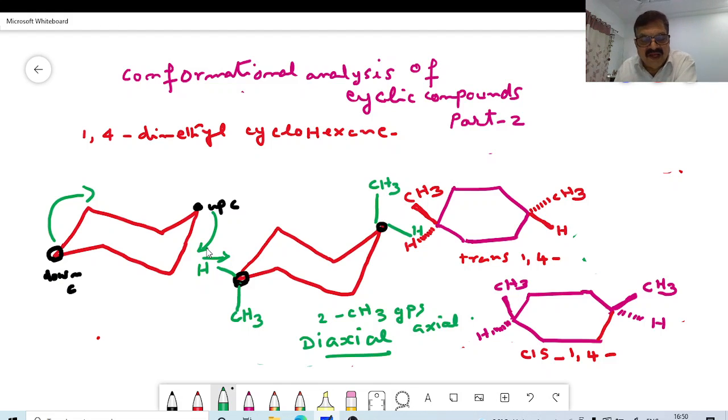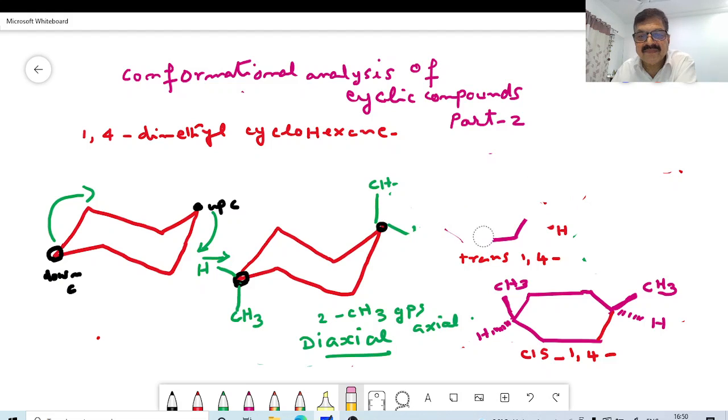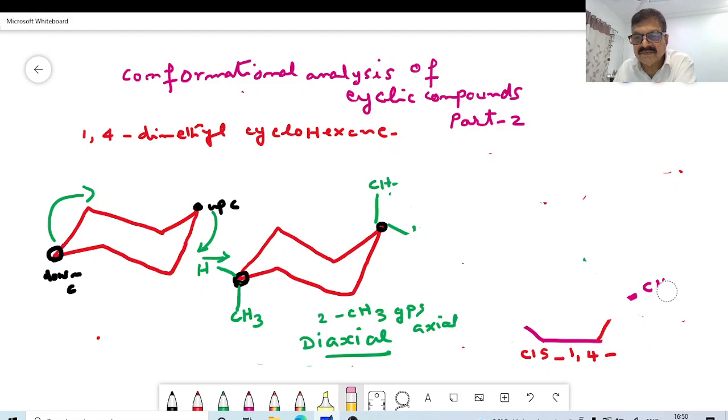Now I will just remove this portion. Now, how will you show that ring flipping? Like this we'll have to show. So what will be the nature of the conformation here?